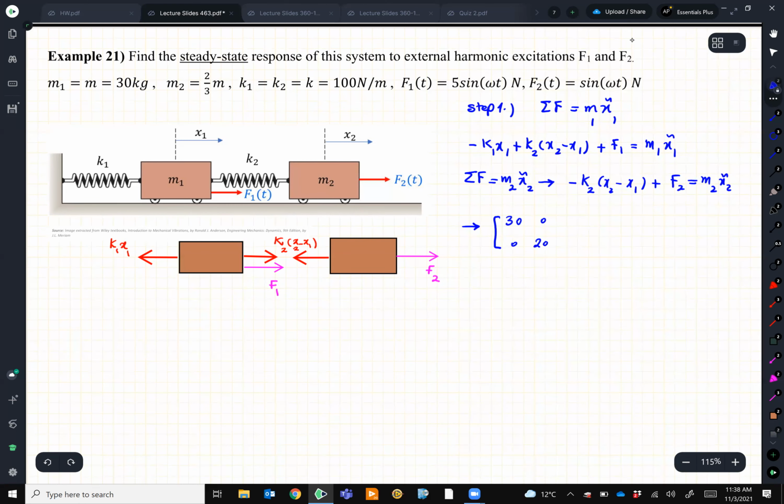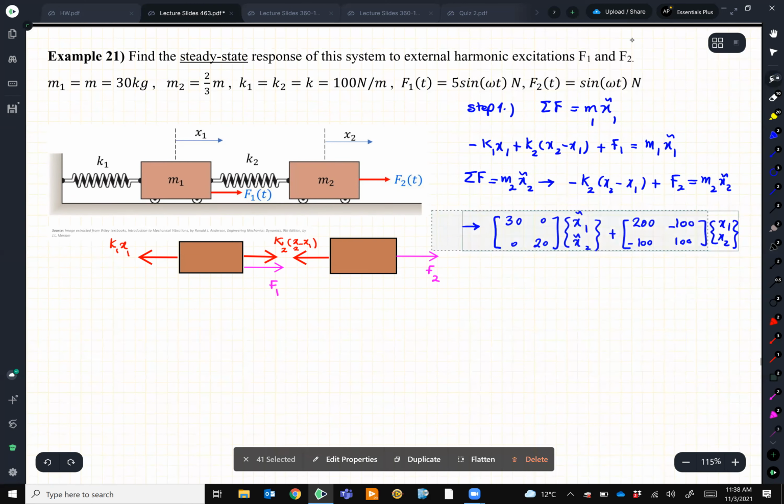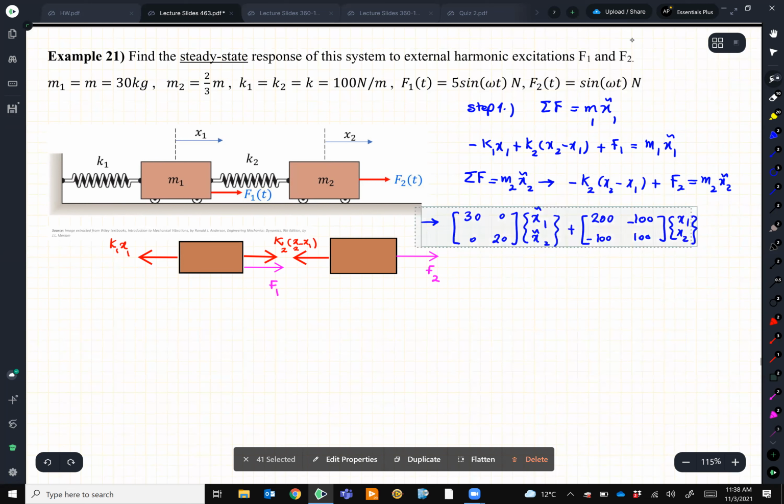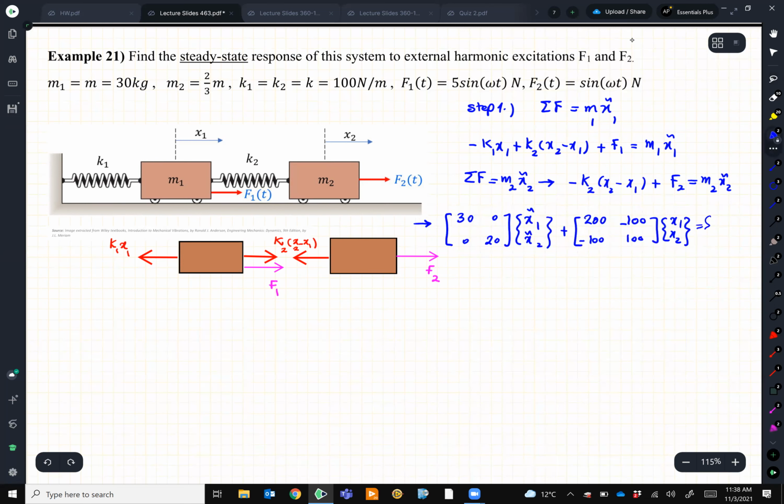The mass matrix is 30, 0, 0, 20, times X double dot 1, X double dot 2, plus the stiffness matrix with 200 and 100, times X1, X2, is equal to F1, which is 5 sine omega t, and F2, which is just sine omega t. So this is our step 1, the equations of motion.